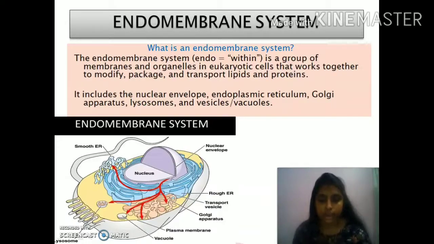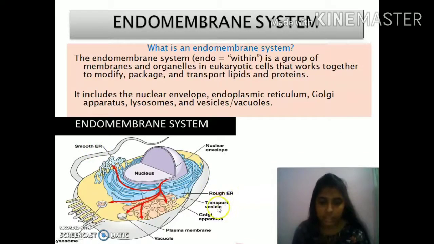So here is a diagram which represents the entire endomembrane system. You can see that it includes the nuclear envelope, that is the nuclear membrane, then the endoplasmic reticulum, which in turn is divided into two parts, smooth endoplasmic reticulum and rough endoplasmic reticulum.